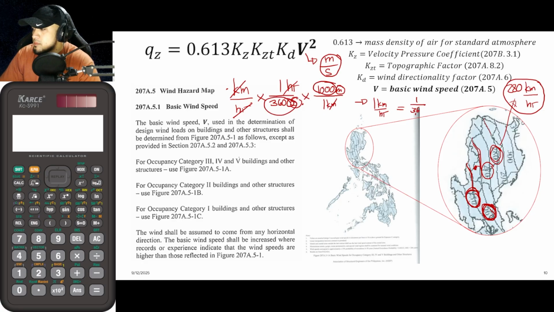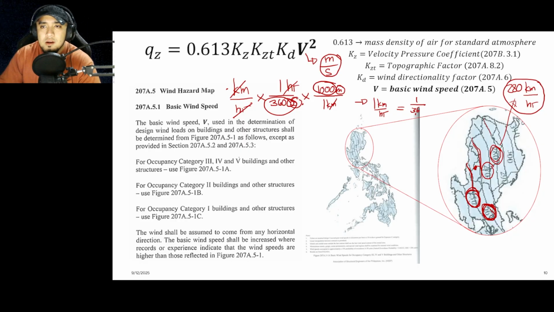Looking at the calculator, 1,000 over 3,600 is 5 over 18 or 0.2778, or rather, we have here 1 over 3.6 meters per second, I should say. So this is now our conversion factor, 1 over 3.6.